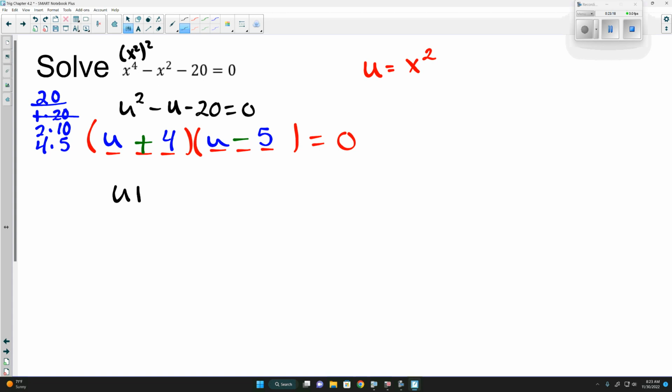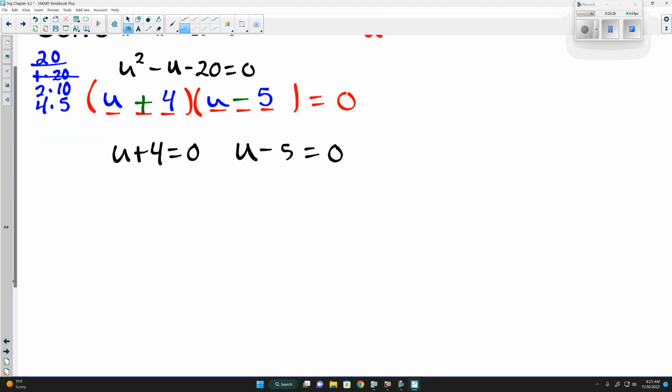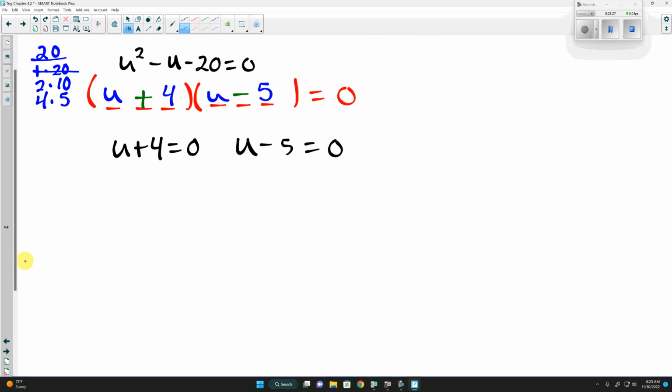So we're either saying that u plus 4 is 0 or u minus 5 is 0. Now I could have plugged it back in the previous step. I sometimes feel splitting it up equals 0. We can plug it back in because we're really not solving for u, we're solving for x. And u is x squared.